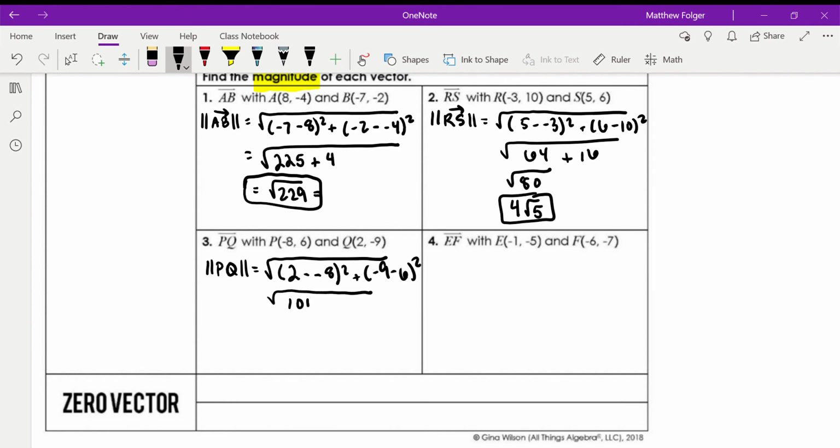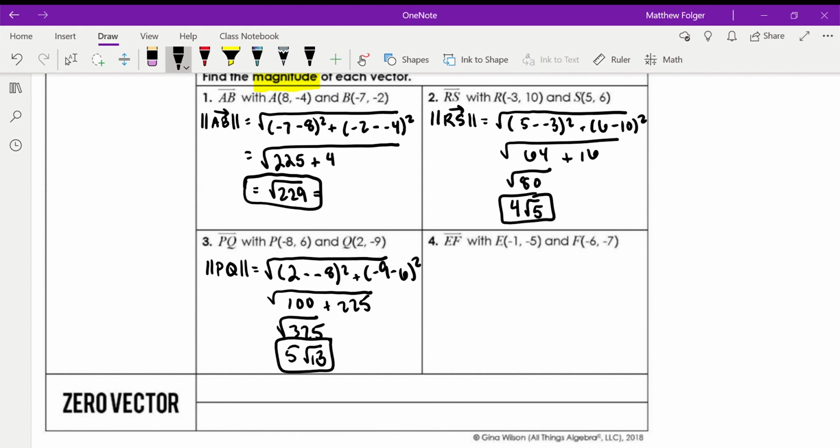This is 100 plus 225, negative 9 minus 6, negative 15 squared is 225. Square root of 325. And this one will break down nicely. So it's probably going to be 25, right? So 325 divided by 25 is 13. So it'll be 5 radical 13. There's the magnitude of that one. I know I did it quick, but I recommend you pause these and try them first.